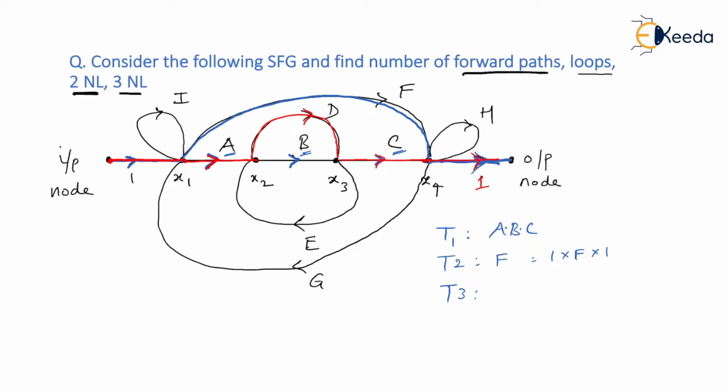So I can write T3 as ADC. So there are a total of 3 forward paths. By observing, one can understand that there is no other possible way to travel from input to output. They were asking you the number of forward paths, so the first answer that we got is that the number of forward paths is 3.